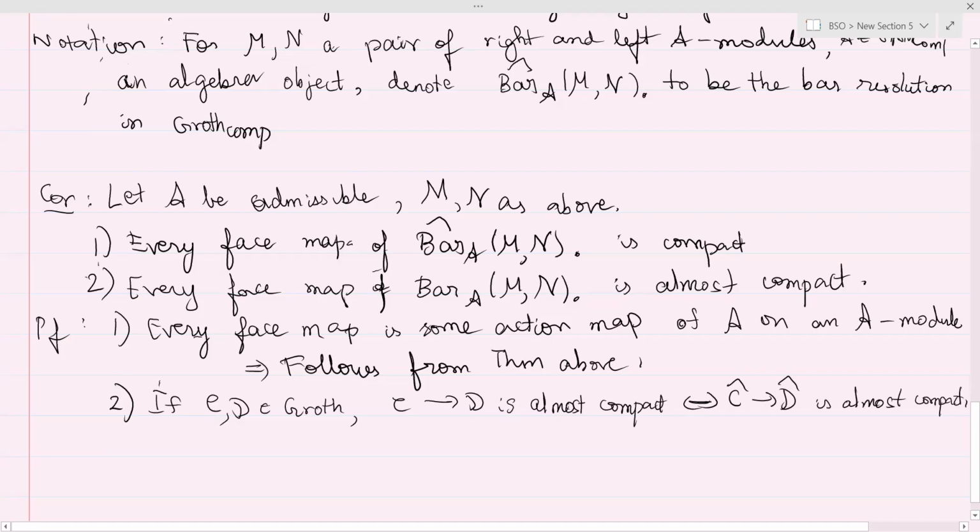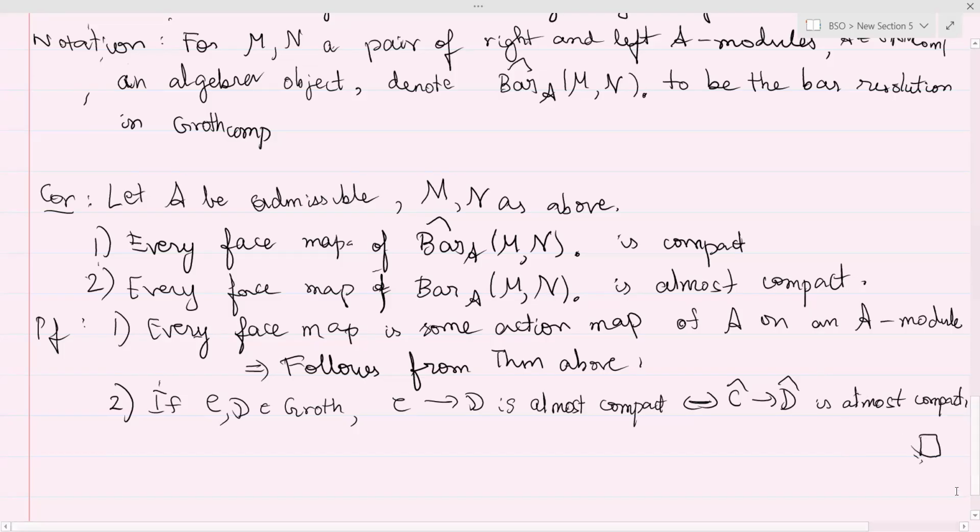This was proved earlier, but it's pretty simple. The map from C to C hat is an equivalence for n-truncated objects for any n, and almost compact maps are about preserving some colimits when restricted to n-truncated objects. Clearly compactness implies almost compactness.